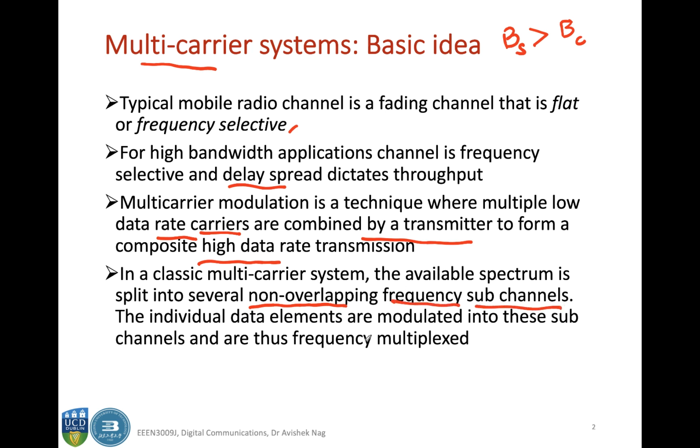In the time domain you are dividing into multiple low data rate carriers, and in the frequency domain, the individual data elements are modulated into these sub-channels and are thus frequency multiplexed.